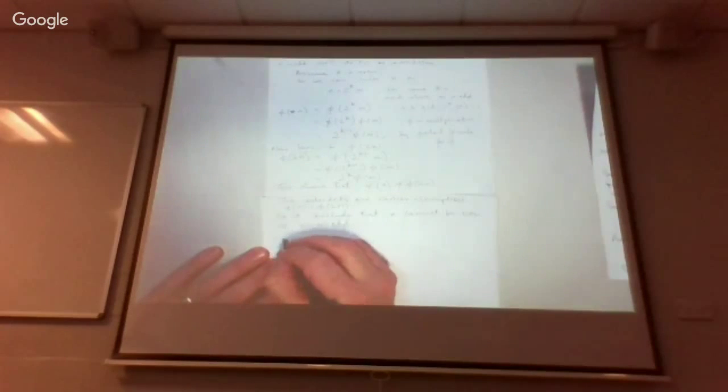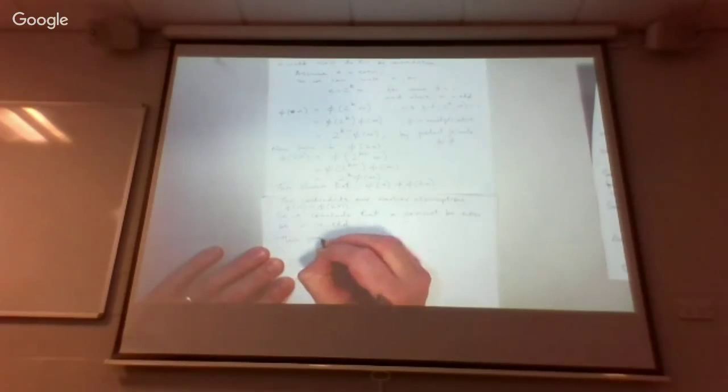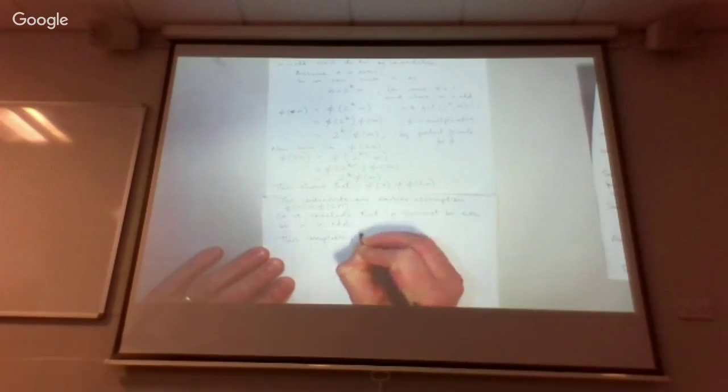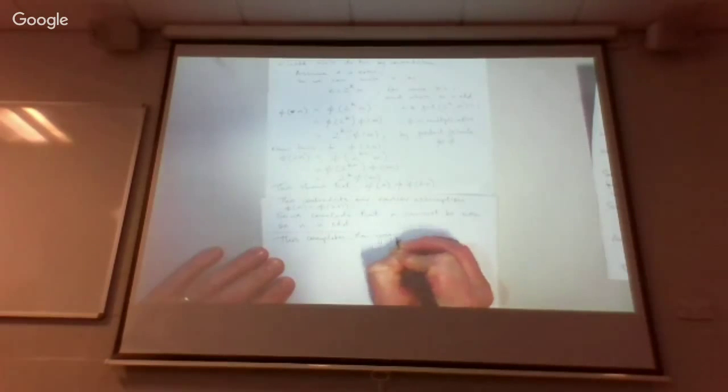So that completes it. It's a good illustration of using properties of phi to establish a nice fact about phi: phi of n is equal to phi of 2n if and only if you're dealing with an odd number n.